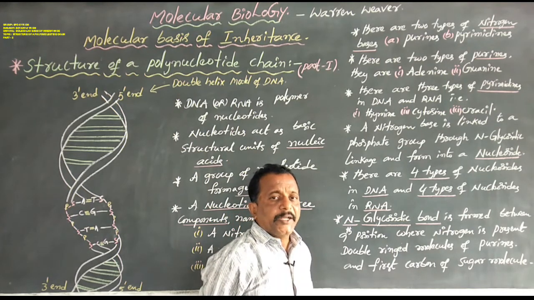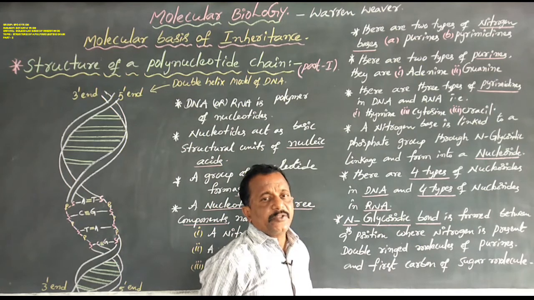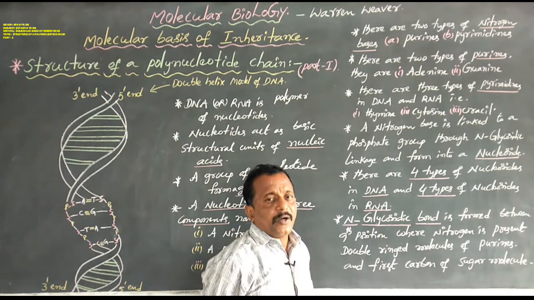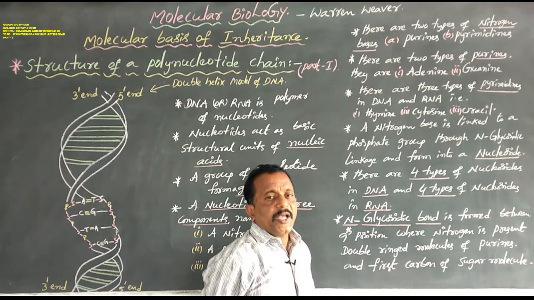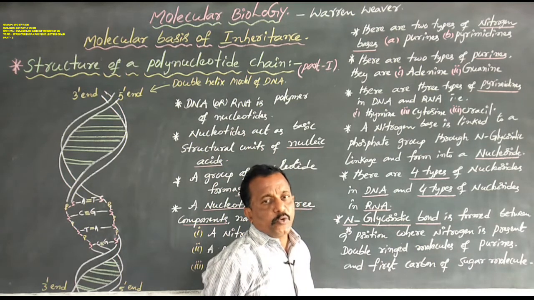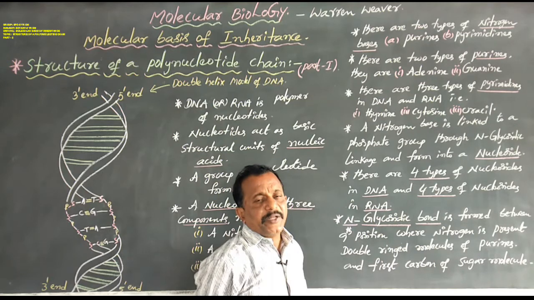A nucleotide contains three components, that is a nitrogen base, a pentose sugar and phosphoric acid or phosphate group.